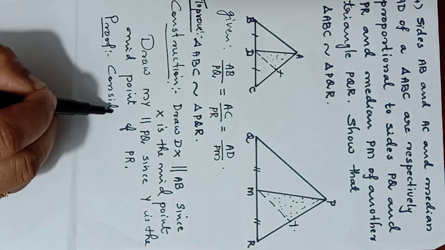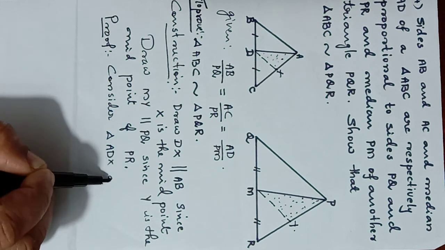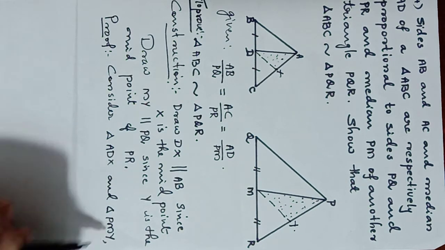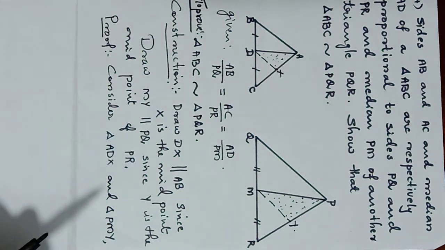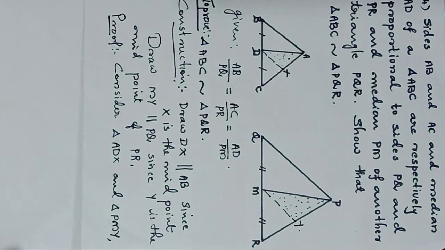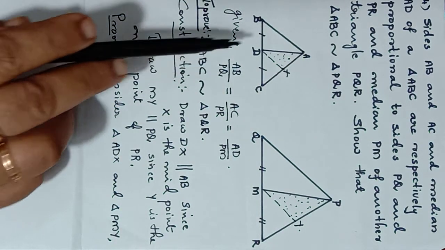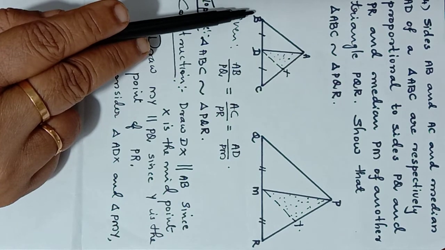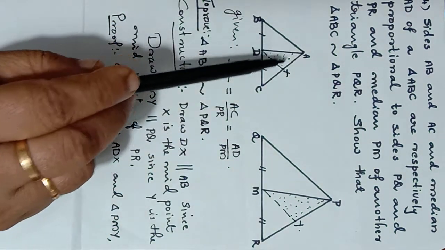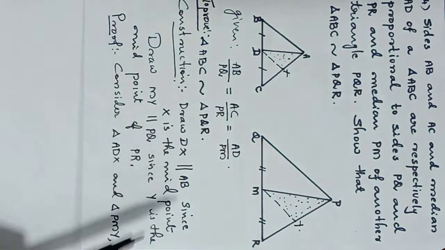Consider triangle ADX and triangle PMY. Okay, these two shaded triangles. Now there you can see already we are given AB by PQ equal to AC by PR, AC by PR equal to AD by PM.